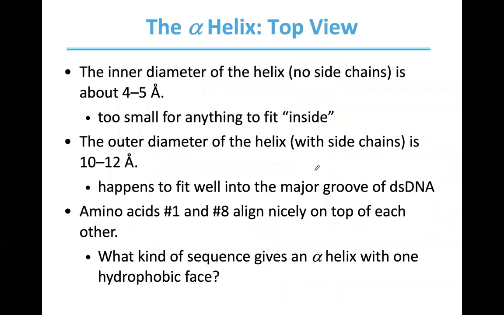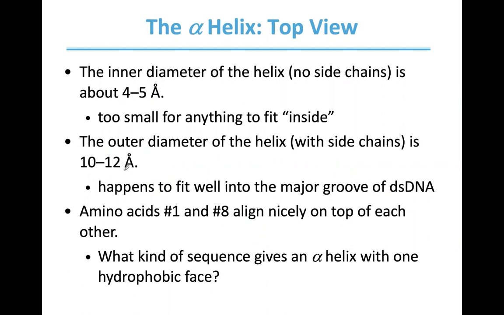So here are some numbers. These numbers you don't need to memorize, but some appreciation would be good. So 4 to 5 angstroms is the inner diameter, too small for anything to fit inside. But the outer diameter, which involves the side chains, is 10 to 12 angstroms.